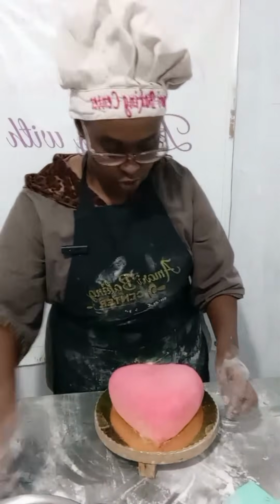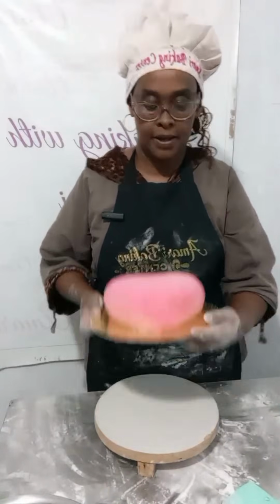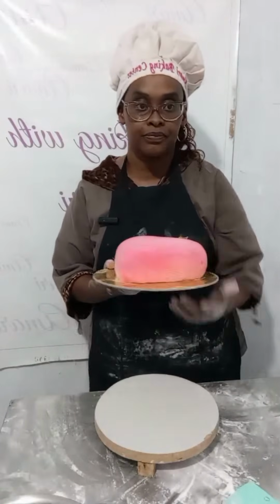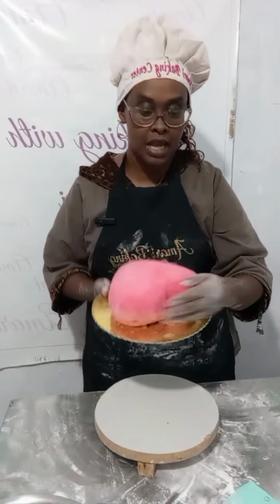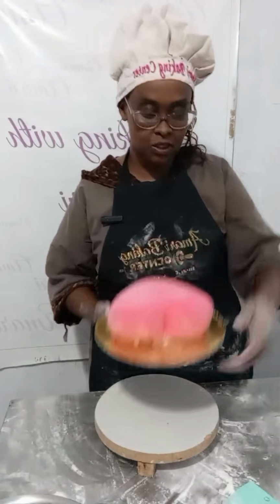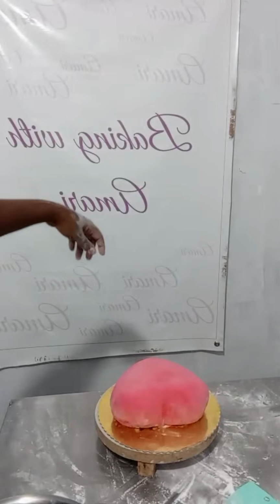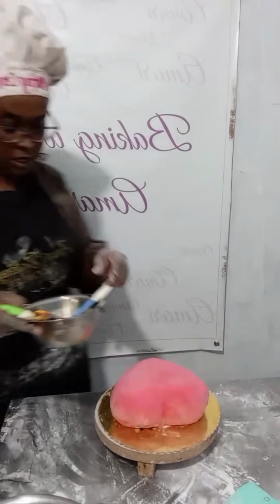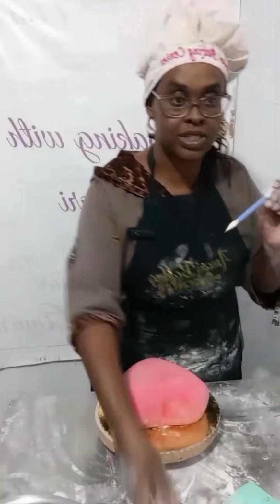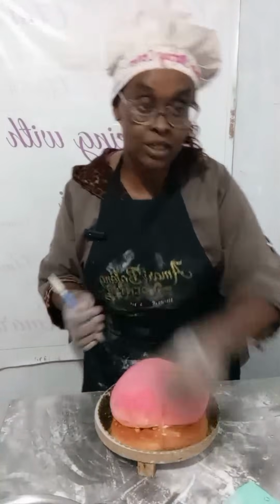So again, let me just show you really quickly my current base. And if you want to make this more prominent, you can get one of these modeling tool sets. You can use either this one. I do not know the name of this.